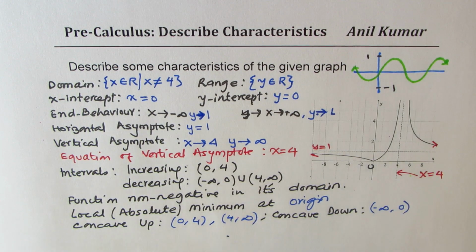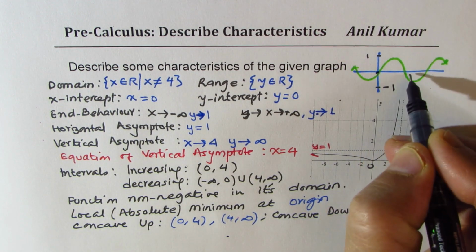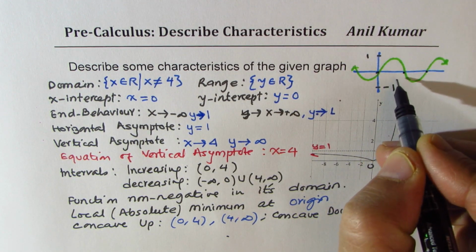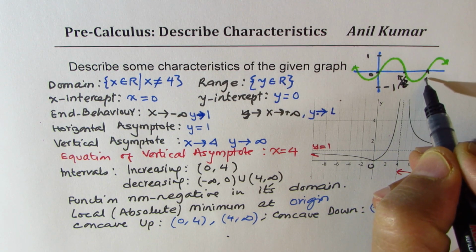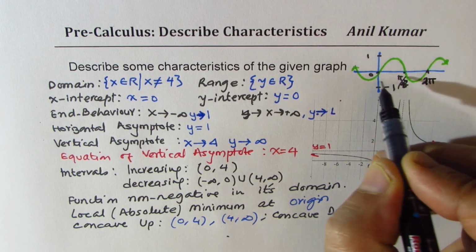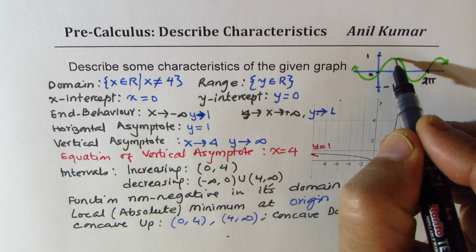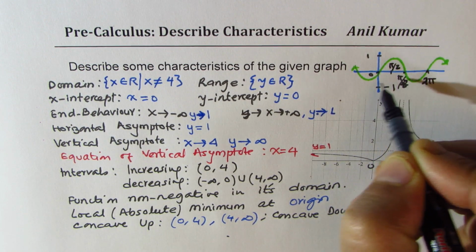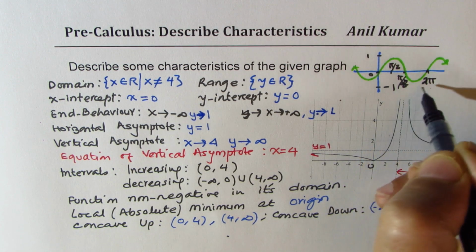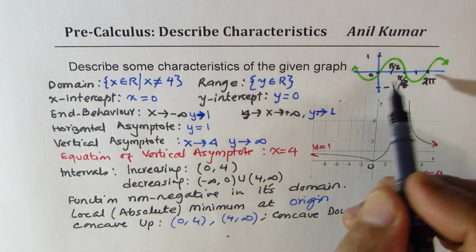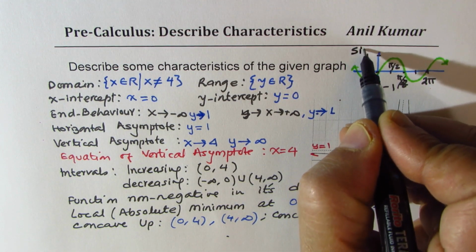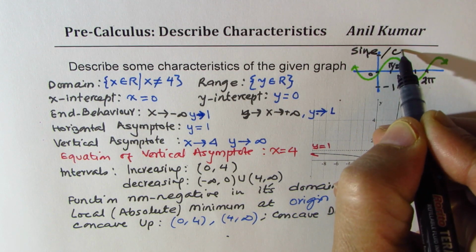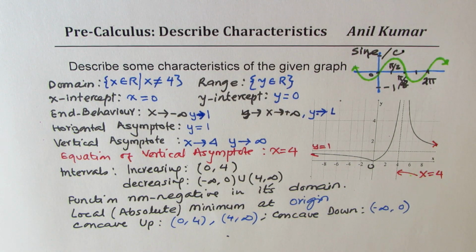So try to describe this particular graph which has the x-intercepts at multiples of pi: 0, pi, 2 pi, and at pi by 2 we have a local maximum, at minus pi by 2 we have a local minimum, right? Anyway, what I'm trying to say is try to describe a sinusoidal function. I should not write cosine here, otherwise you'll get more confused.